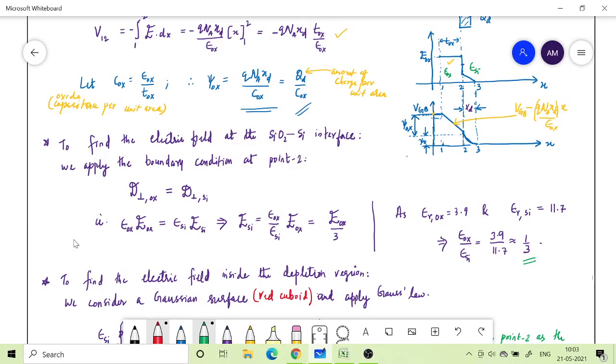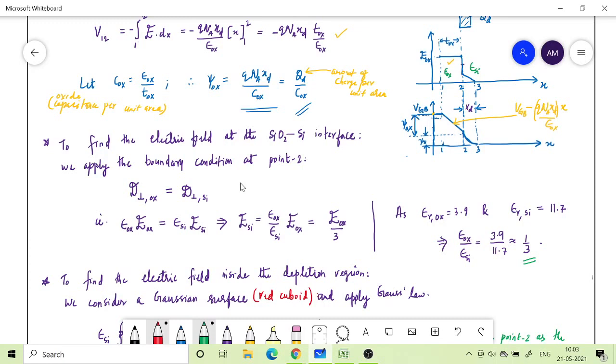The perpendicular component of the electric flux density should be the same on both sides. That means the number of flux lines entering on one side should be the same as the number of flux lines perpendicularly coming into the other material.